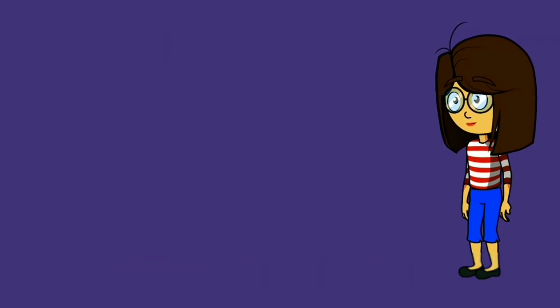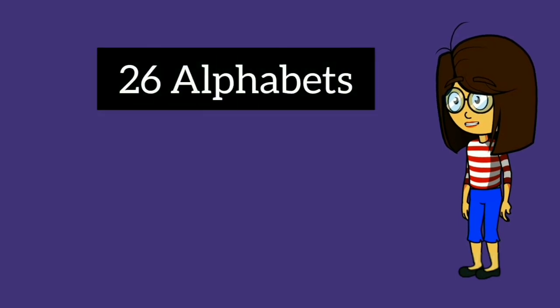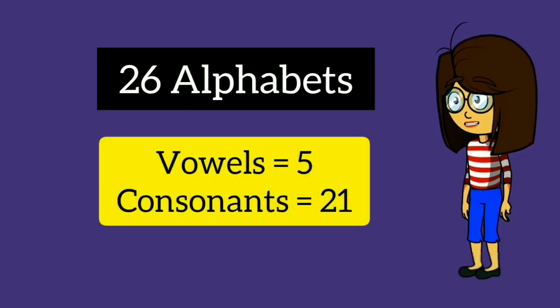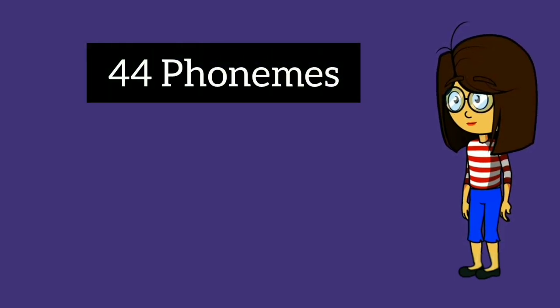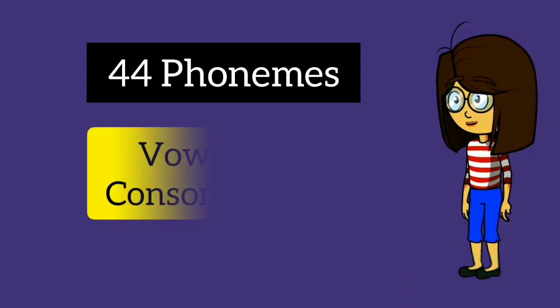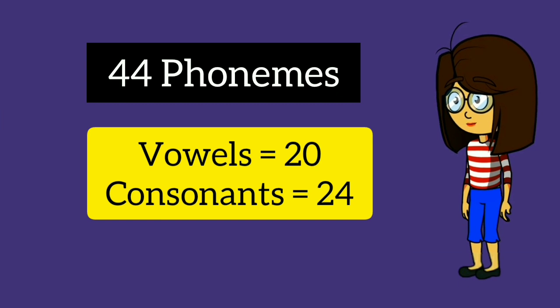You all know that there are 26 letters in the English alphabet, in which we have 5 vowels and 21 consonants. But in the case of sounds in the English language, we have approximately 44 different speech sounds, in which we have 20 vowels and 24 consonants.